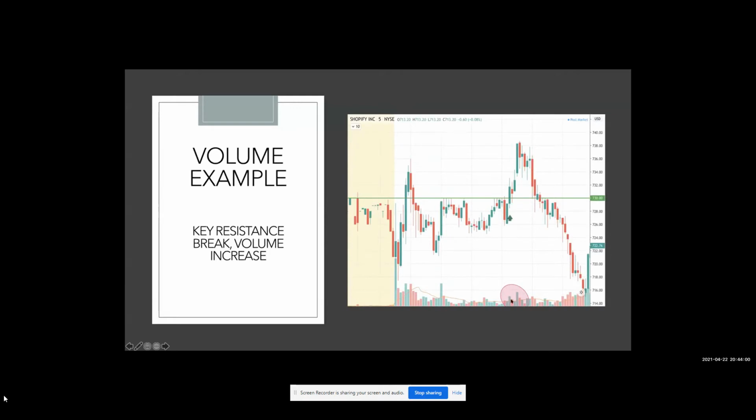Another little key resistance break. So again, in this example, I just wanted to show that you're not always going to see crazy high spikes in volume. So that's why I said you have to look at relative volume, right? You're actually just looking at the previous candles over the past 1 to 2 hours, and you're comparing the breakout candle, right, the breakout volume, to the past hour or two, okay?